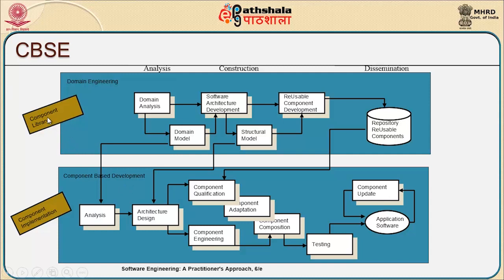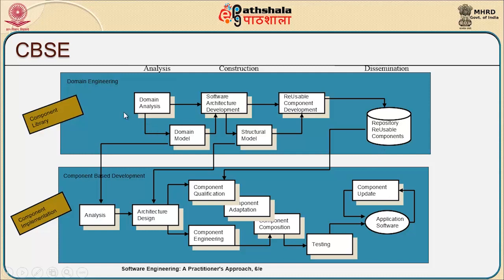One is the component library. This component library works on the analysis, construction and dissemination phases, and component implementation is also working on the same phases. We start from the analysis, create a domain model, create an architecture diagram, and have component qualification, which is directly updated in a repository of reusable components.